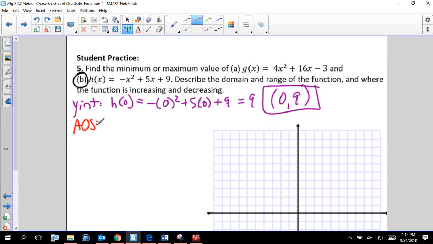Let me do our axis of symmetry. Remember, there's a formula that you have to know. So if you write it every time, you're going to remember it better. Axis of symmetry. Ethan, do you know it? Almost.